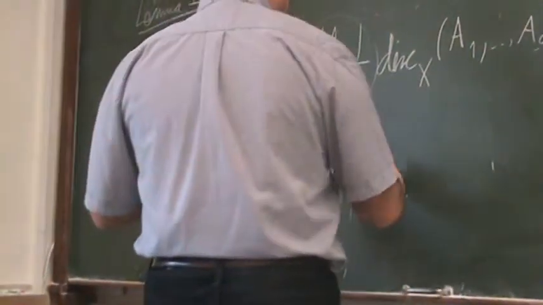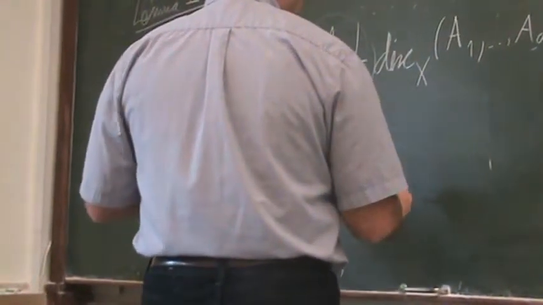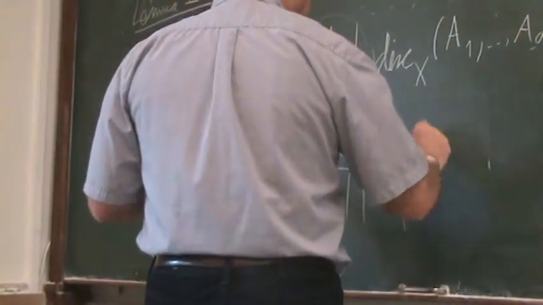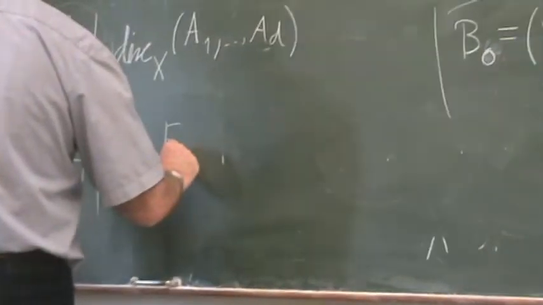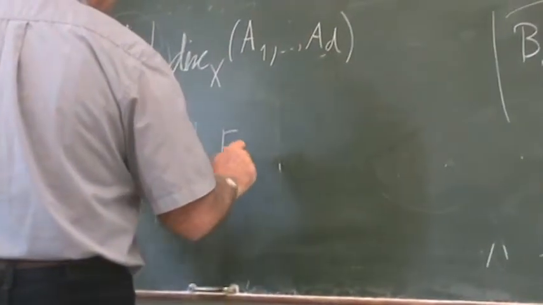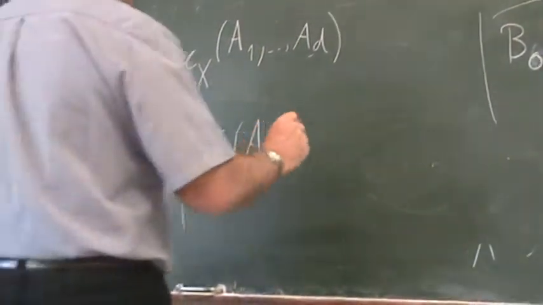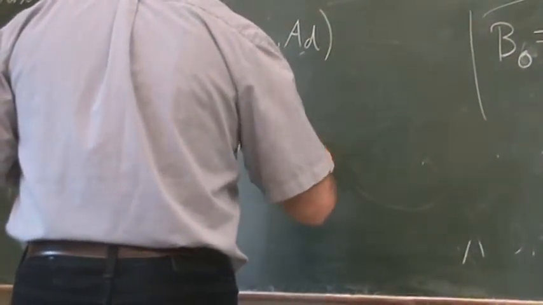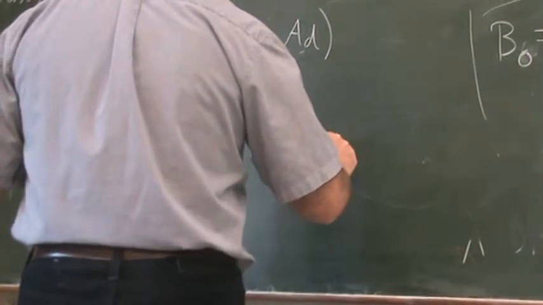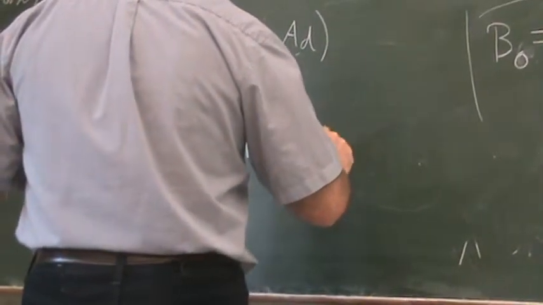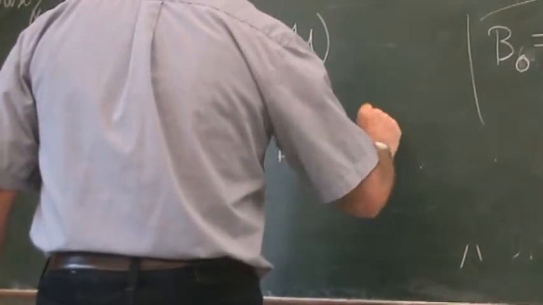And this can be written as E of A0 against E of A1 up to AD.